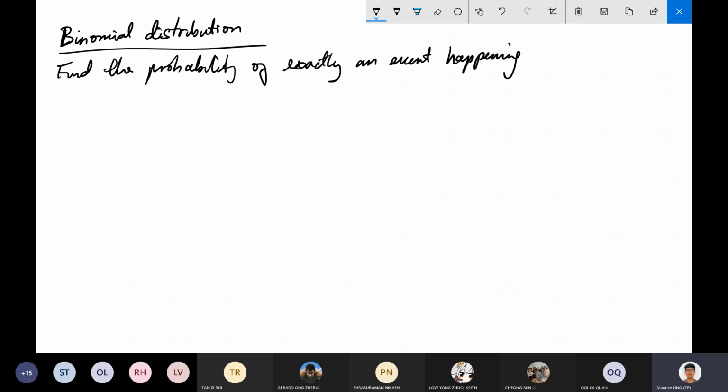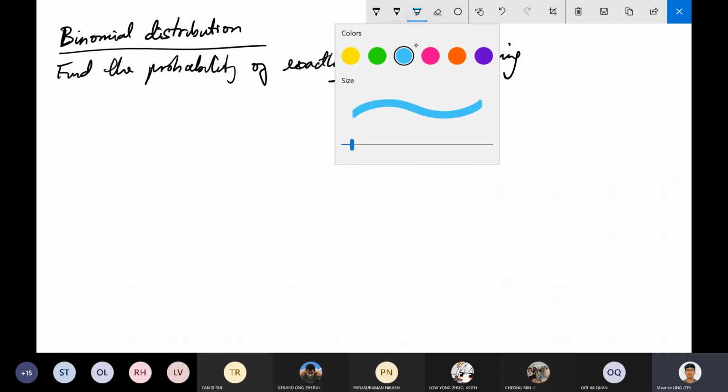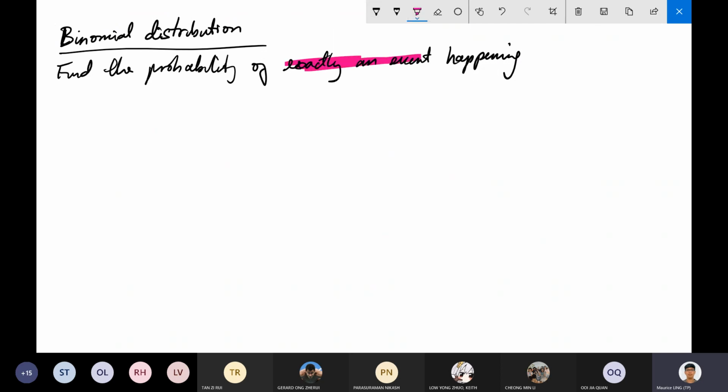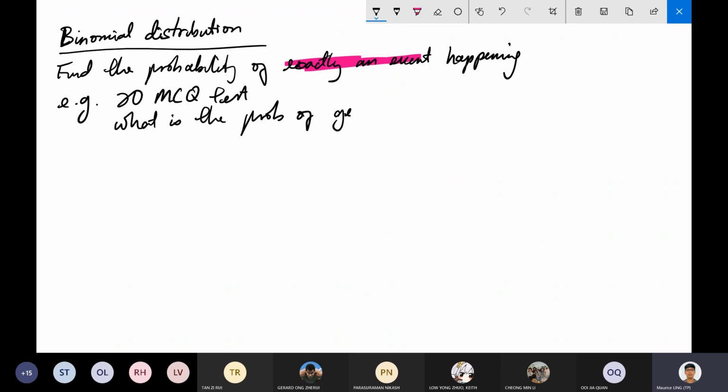Very important here is it is actually exactly an event. So for example, you have a 20 MCQ test. What is the probability of getting, let's say, 11 marks or 11 correct? That you can use binomial distribution.